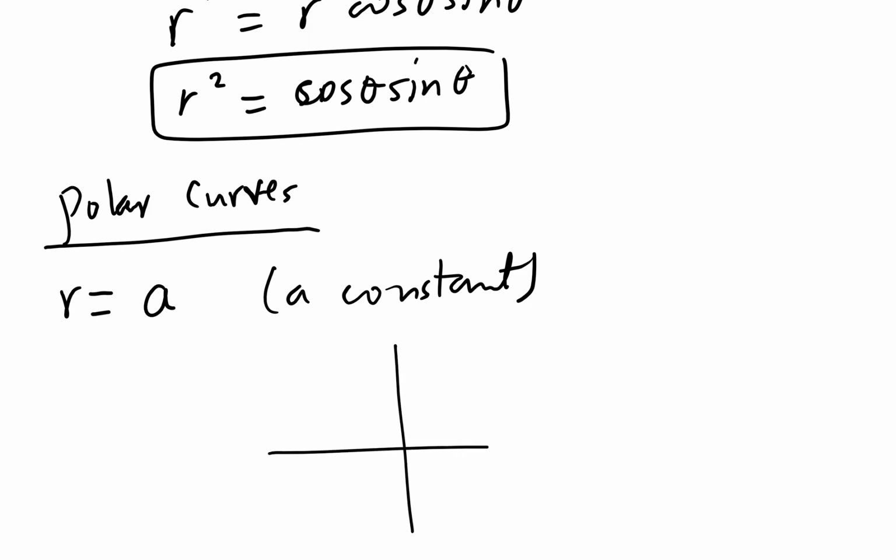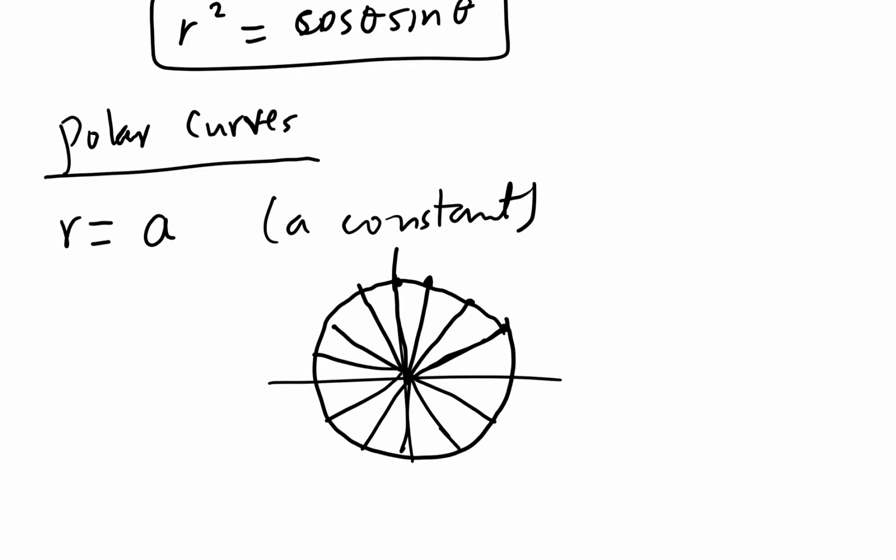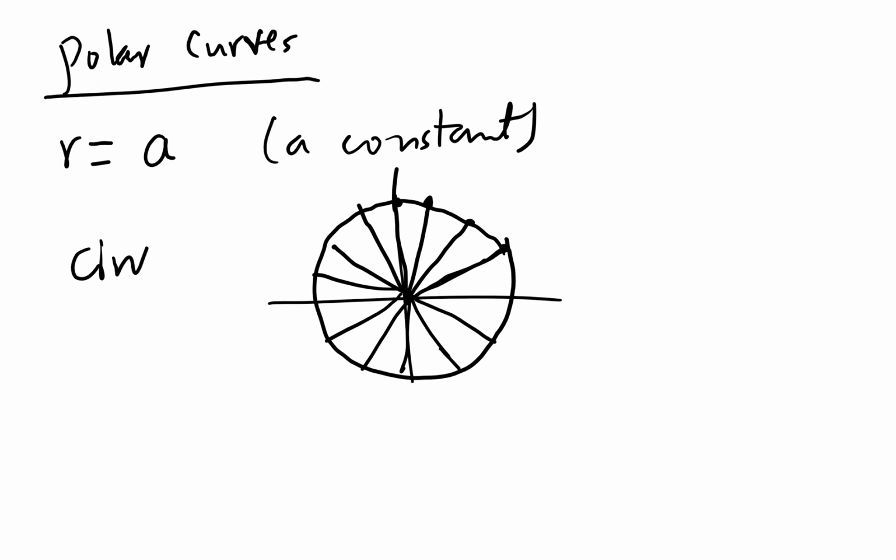Let's say you graph angle 30 with distance a, 40, 60, 90. See, it's the same distance. So when you connect them, you get a circle with radius a.